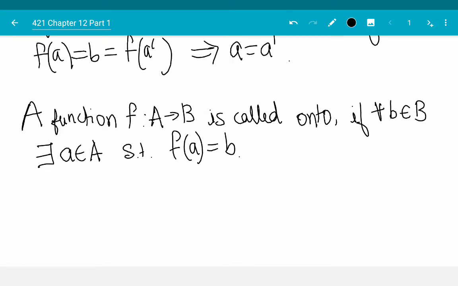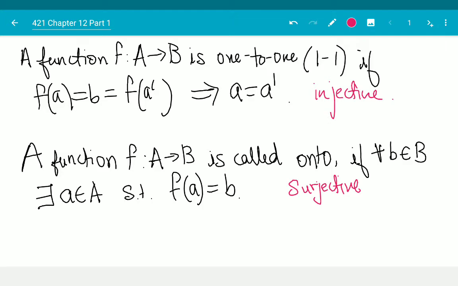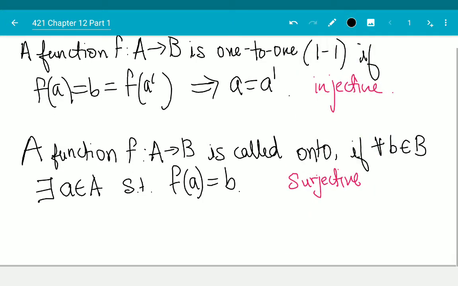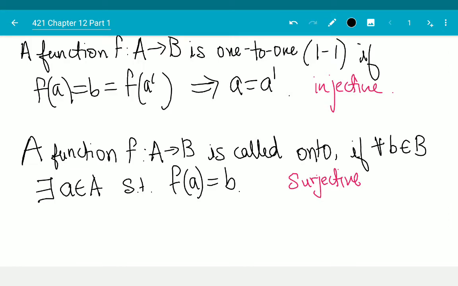Basically that means every element in B has something that is mapped to it. It has a pre-image. This is also called surjective, and this is also called injective. So one-to-one is also called injective, onto is called surjective, and if it is both injective and surjective, it is called bijective.